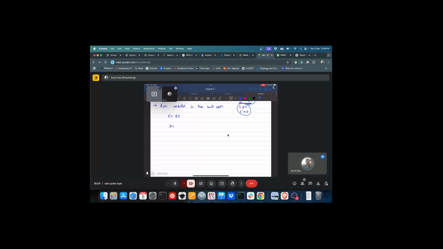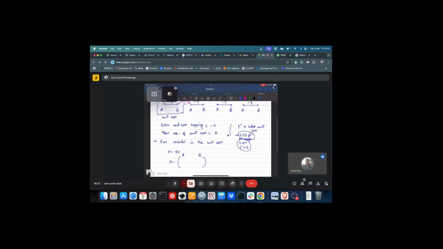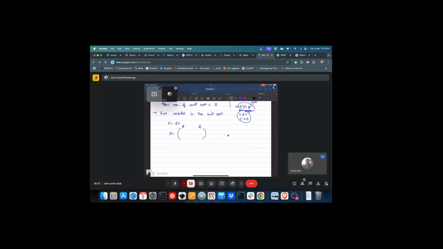you can construct a Hamiltonian where this represents the A kind of atom and this represents the B kind of atom, and I am saying that there is no on-site potential. So an electron sitting at site A doesn't feel any energy as long as it doesn't go to B. So the self energy of the electron at site A is 0, and when it hops from A to B it is minus T, and vice versa, the Hermitian conjugate: when it hops from B to A it is also minus T, and this is again 0.